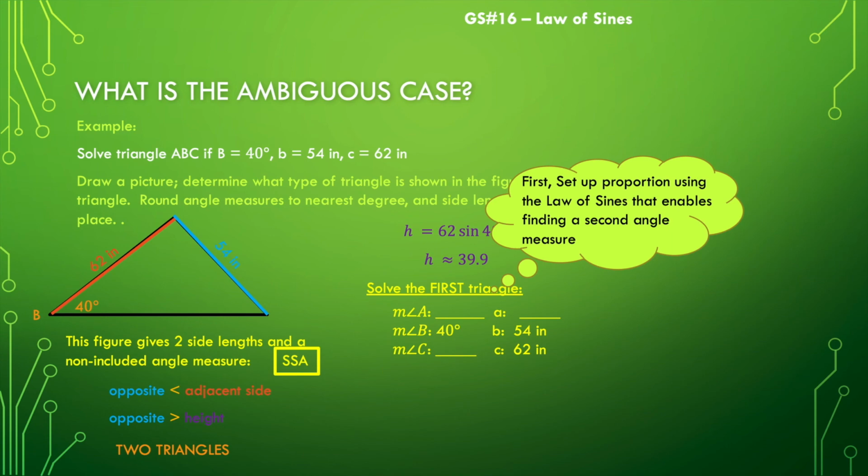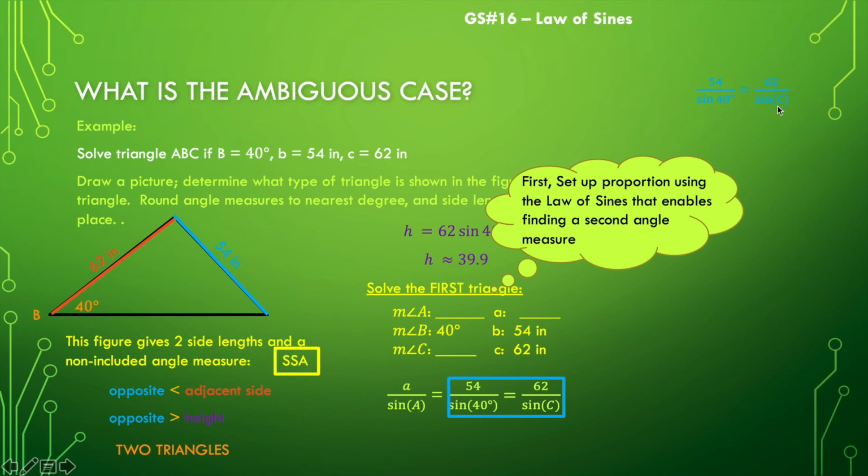I'm looking at my proportion that allows us to solve for a second angle. Remember that I will have to solve for the angle that I have the corresponding side for. So I am going to focus on this piece here. Okay, so I've moved my work up to the top here.